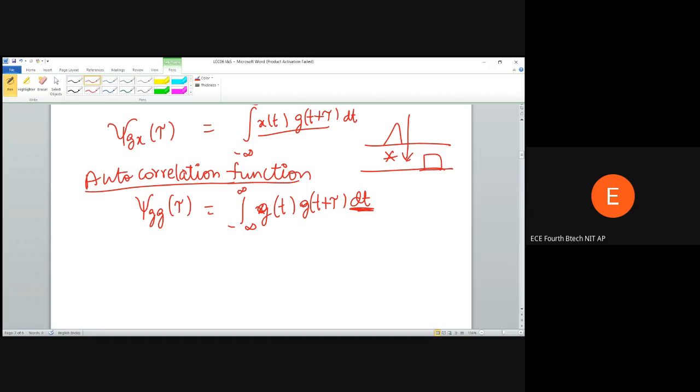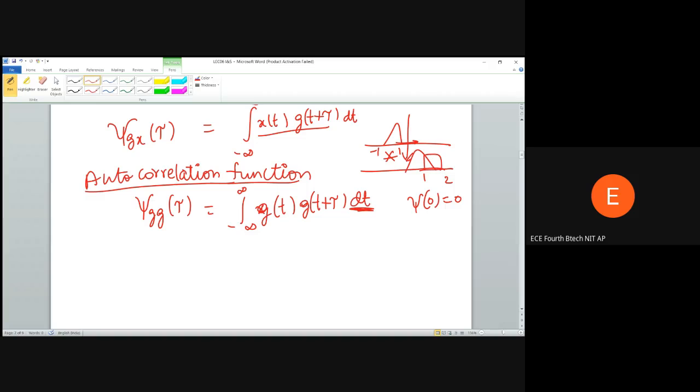Let me assume that this is 1, this is 2, this is minus 1, and this is plus 1. At this particular point, without any time shift, if I calculate the cross correlation between these two signals, you will be getting psi of 0, that is tau equal to 0, you will be getting 0. Now when I move this towards the right side, the signals will start overlapping.